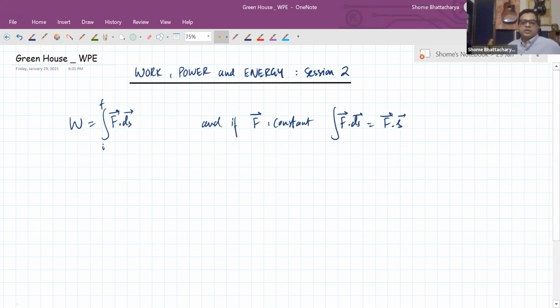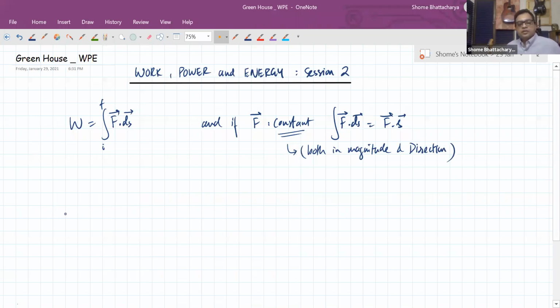But that's only if the force is constant. And what we mean by constant is both magnitude and direction are constant. Both these things. Okay. So that is the first thing we learned about work done.